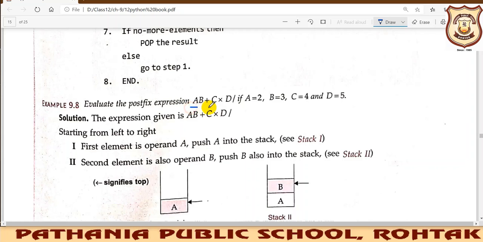Here the expression is given. Now this postfix expression you have evaluated. I am giving you the values of the variables a, b, c, d that I have used. So what will be the final outcome of this expression?